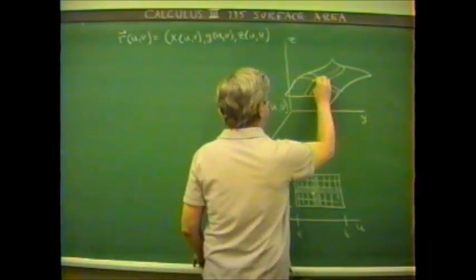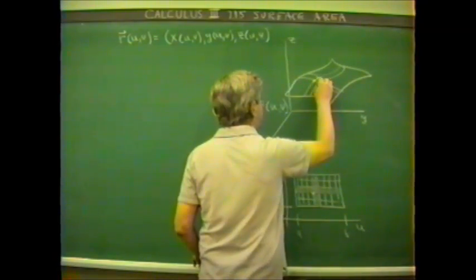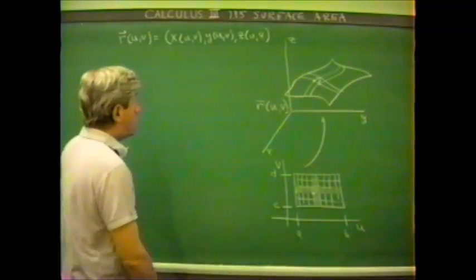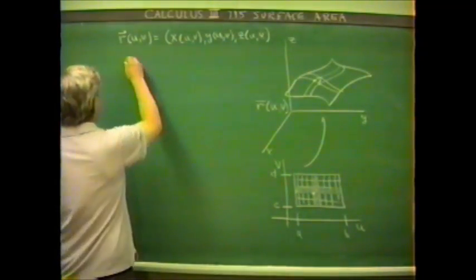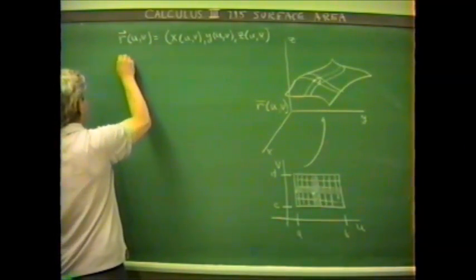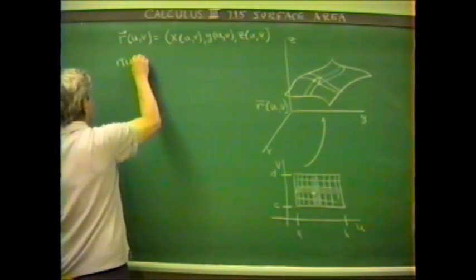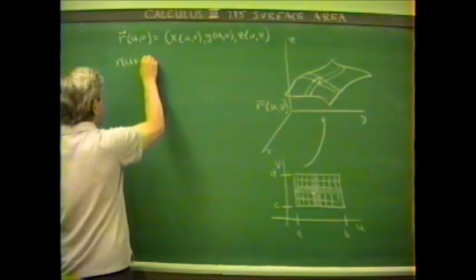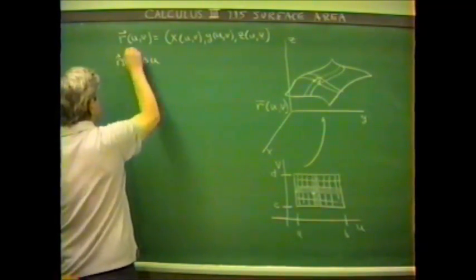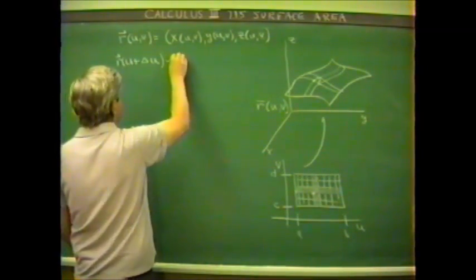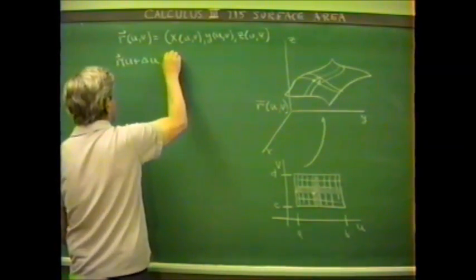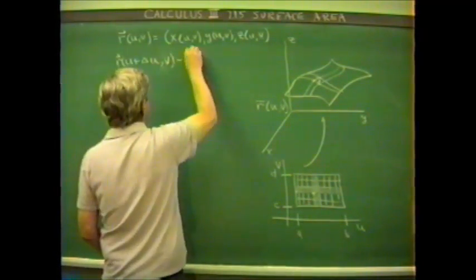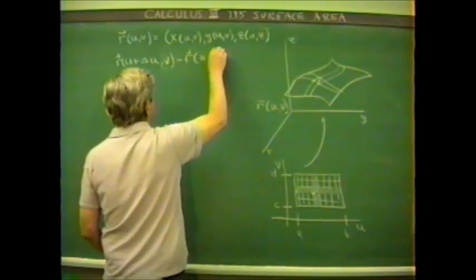Now, what we want to do is consider these two vectors here, right? Corresponding to the partition here. That's to say, we want to look at r of u plus delta u and v, minus r of u and v.